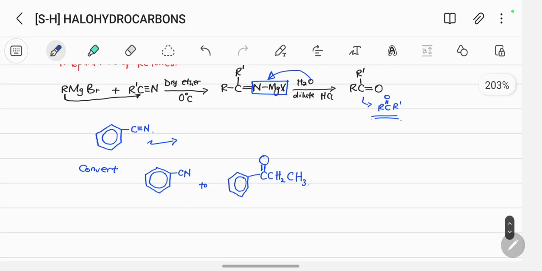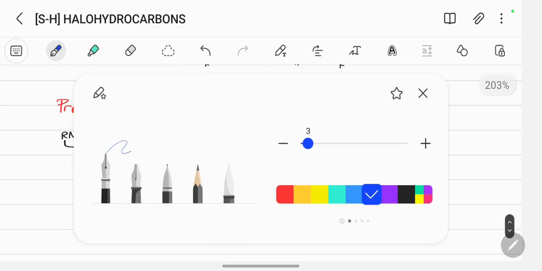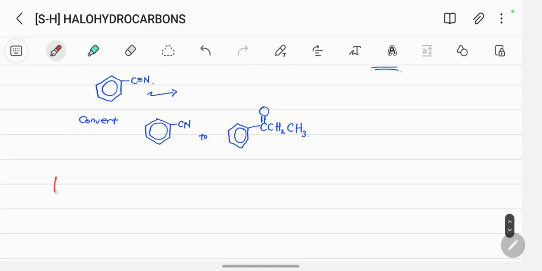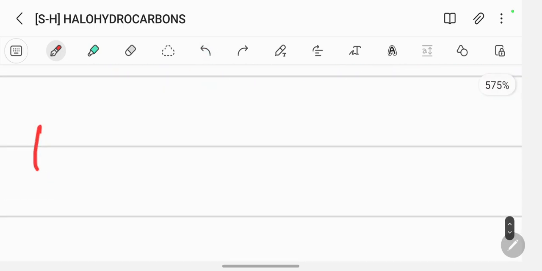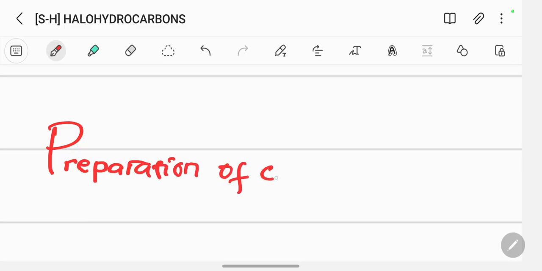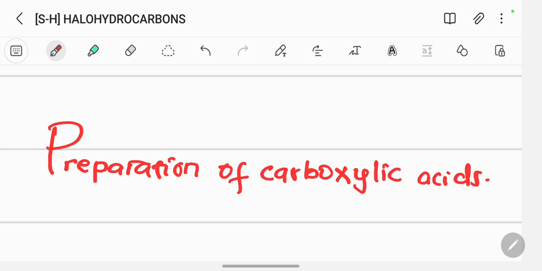So for me, I'm moving on to preparation of carboxylic acids. How do we prepare carboxylic acids?